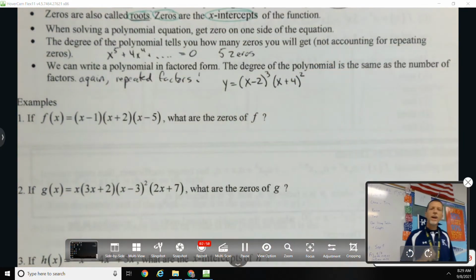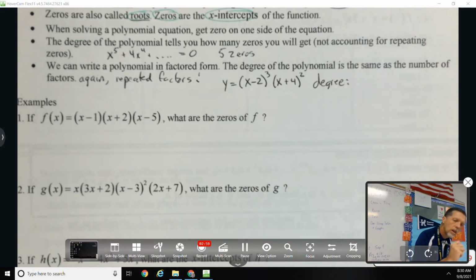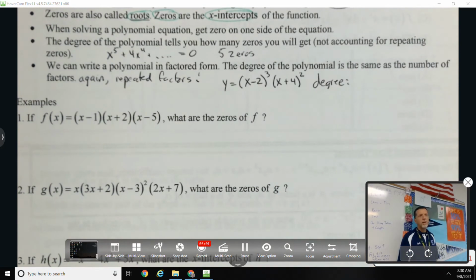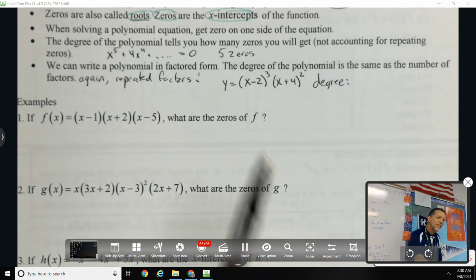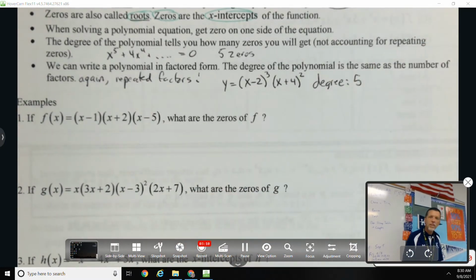So if we had y equals (x minus 2) cubed times (x plus 4) squared, what degree would that be? 5. So you say, well, there's 2 factors. Well, no, there's 3 factors and there's 2 more factors. That would be a 5th degree.